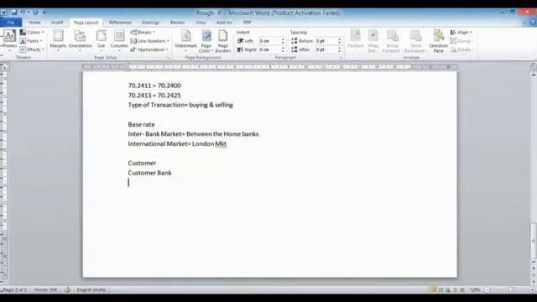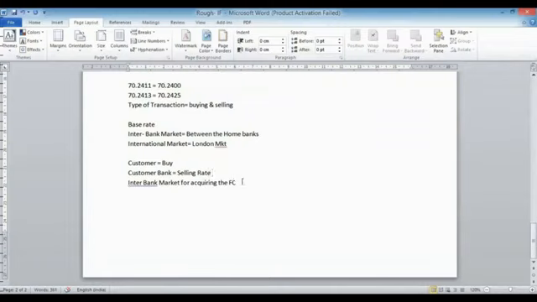Now this bank will move to the interbank market for acquiring the foreign currency. That means the customer wants to buy, so the bank has to give the selling rate.